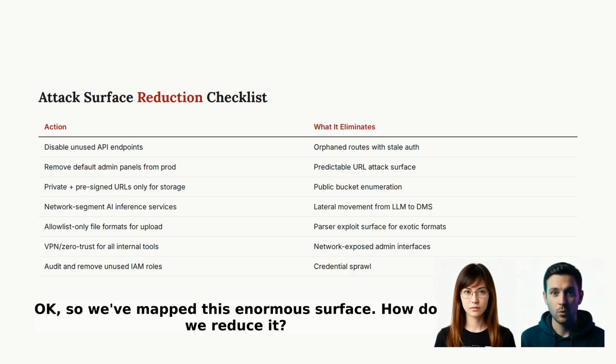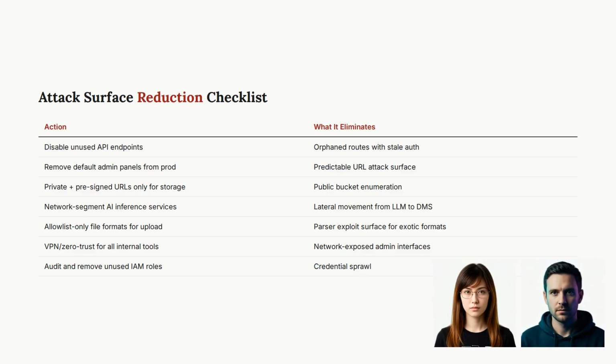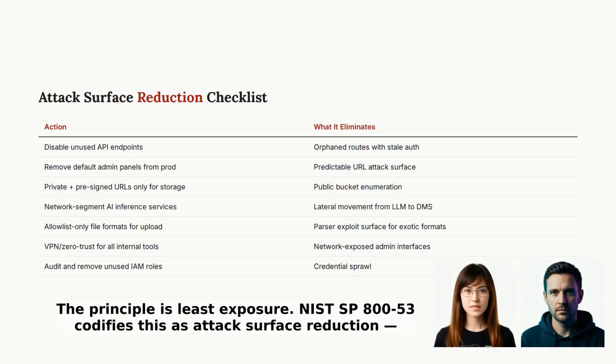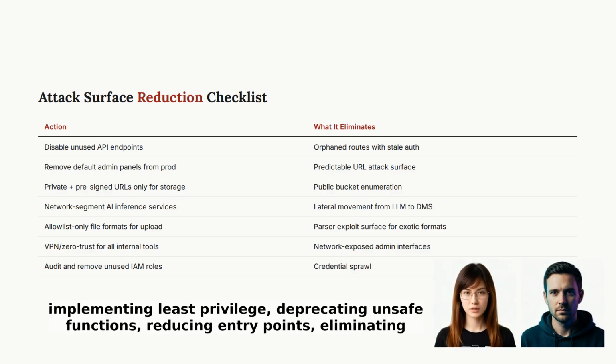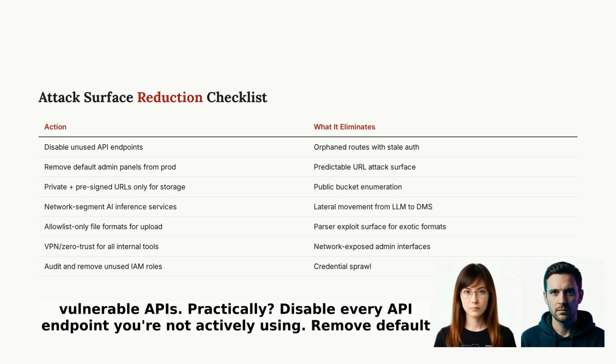Okay, so we've mapped this enormous surface. How do we reduce it? The principle is least exposure. NIST SP 800-53 codifies this as attack surface reduction: implementing least privilege, deprecating unsafe functions, reducing entry points, eliminating vulnerable APIs. Practically, disable every API endpoint you're not actively using.